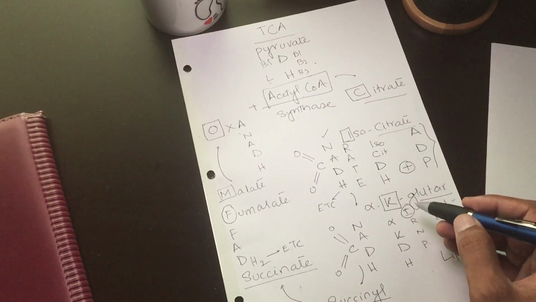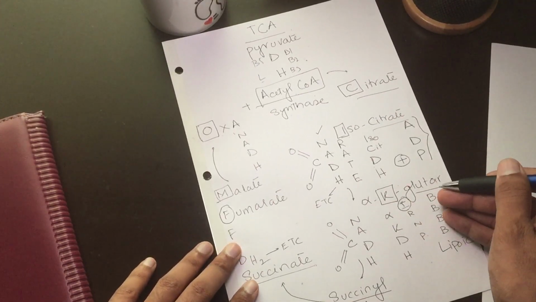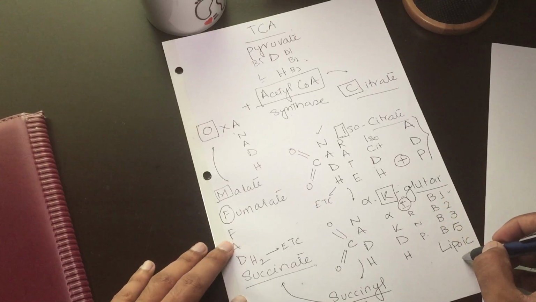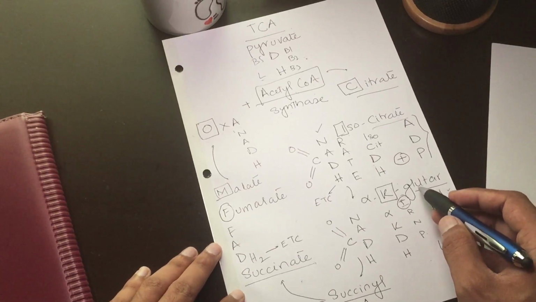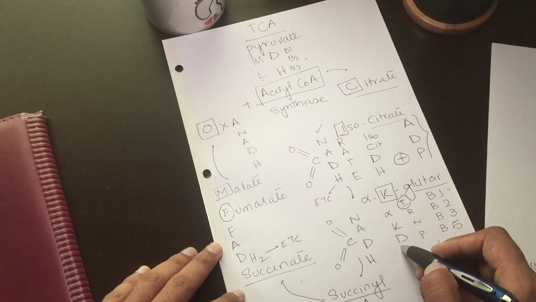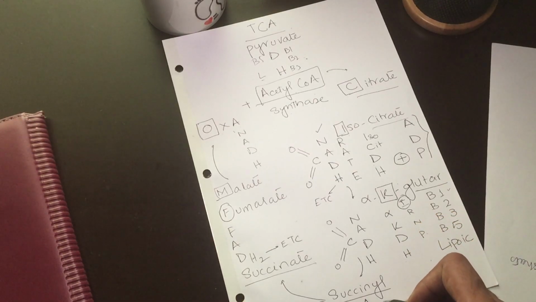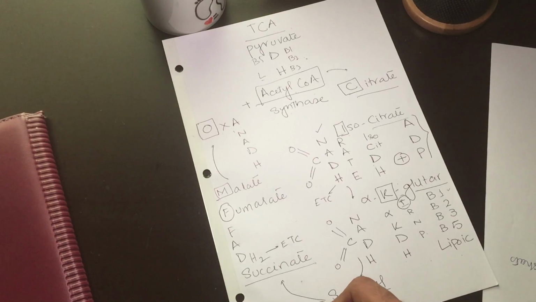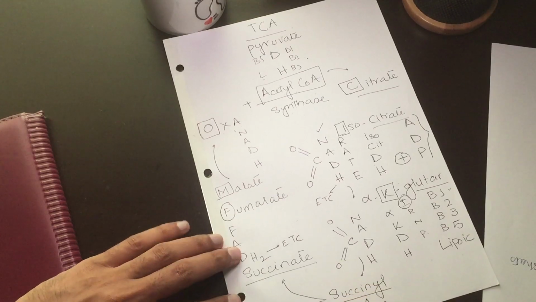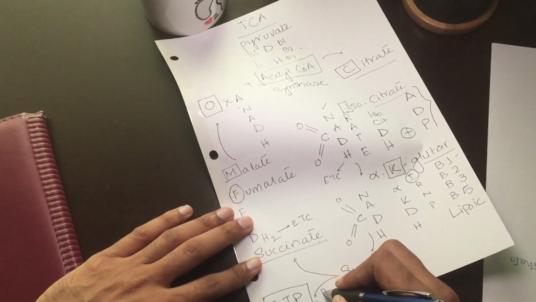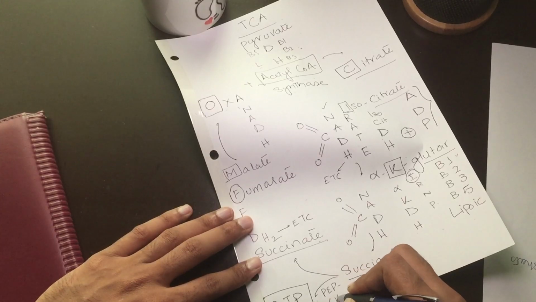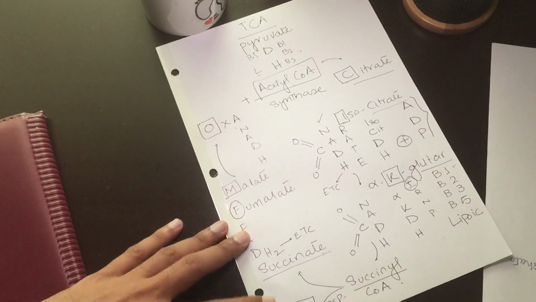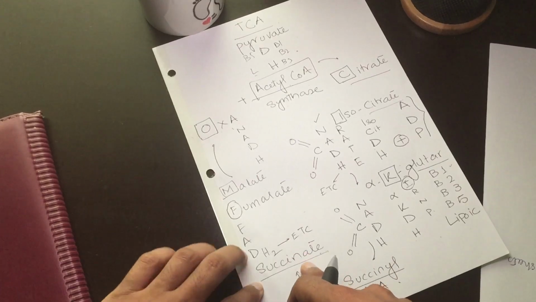Then it releases alpha ketoglutarate, and alpha ketoglutarate, using these same complexes and the dehydrogenase enzyme, makes succinyl CoA. Succinyl CoA releases GTP with the help of succinyl CoA synthetase, a kinase enzyme, to make GTP and CoA and release succinate.